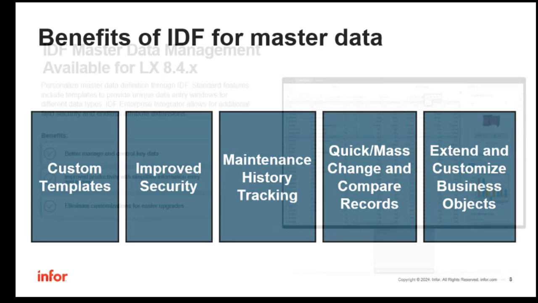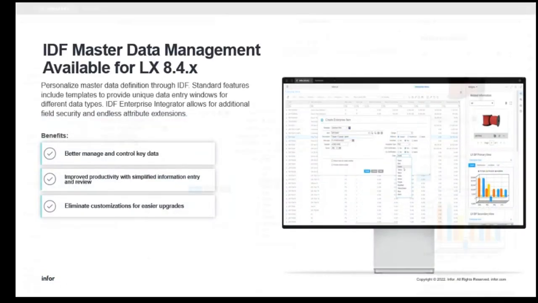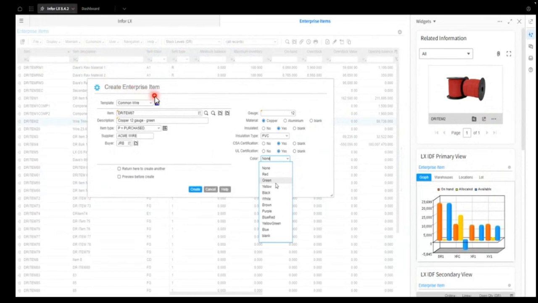So this is just to illustrate what that looks like with having a template. You're going to see here that we've got a template. In this case, I'm defining a new item and it happens to be wire. So as a result, I can now have attributes very specific to wire that I am populating when creating this new item.